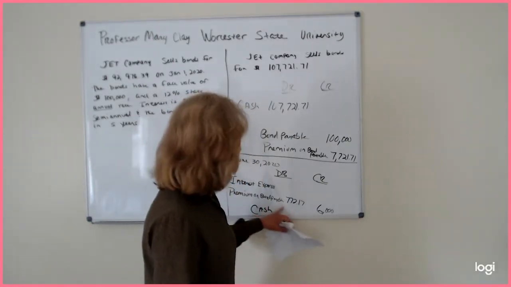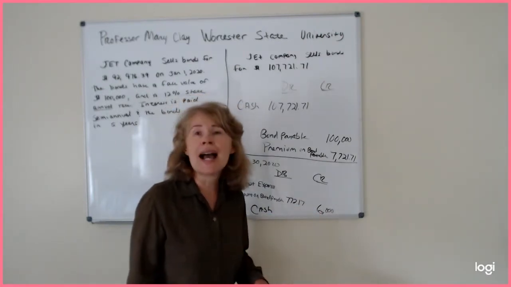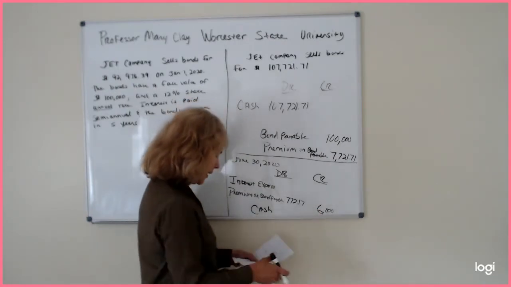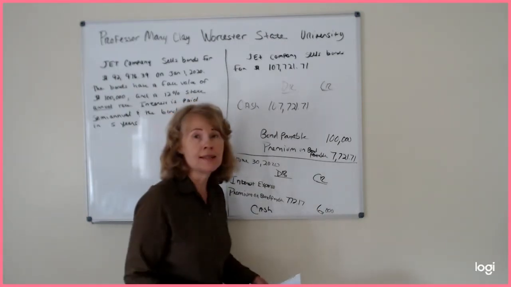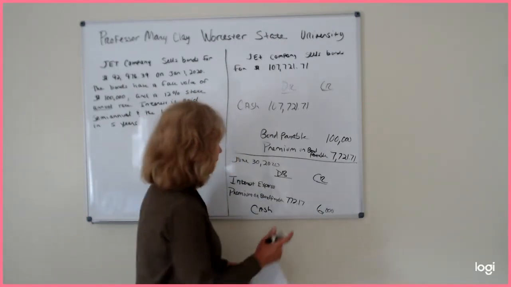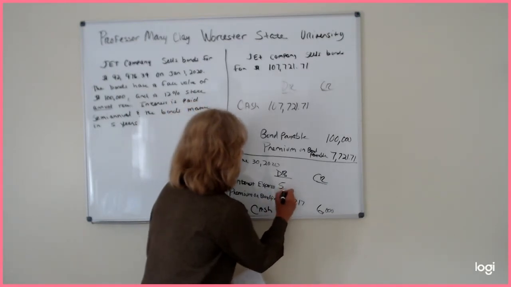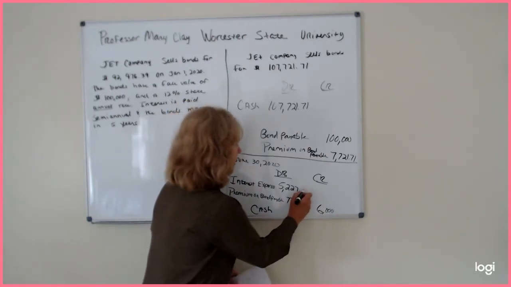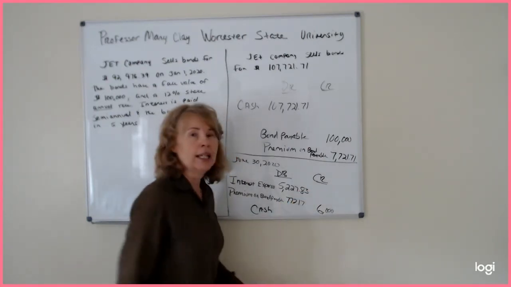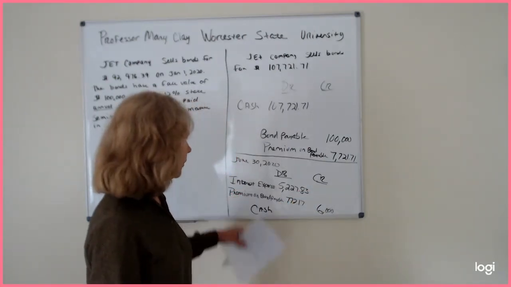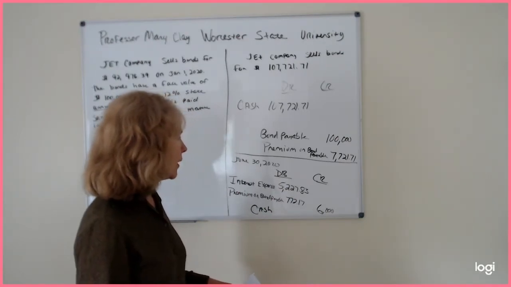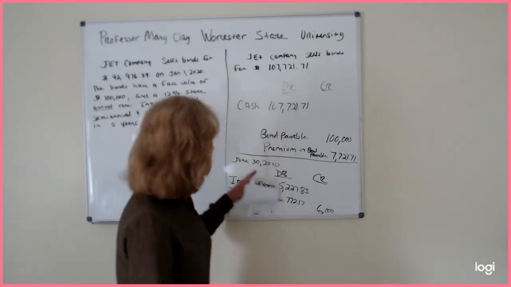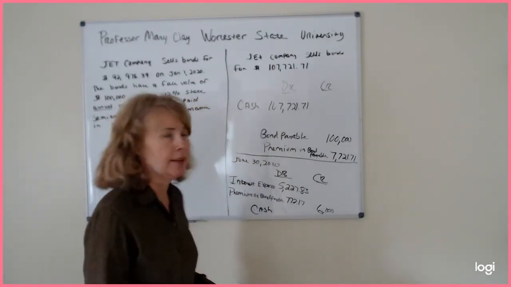So when it's a premium, you will subtract the amortization when you're paying it. 6,000 minus 772.17 will give you 5,227.83. So your interest expense when it's a premium is 5,227.83. Okay, so that's for June 30th, 2020.